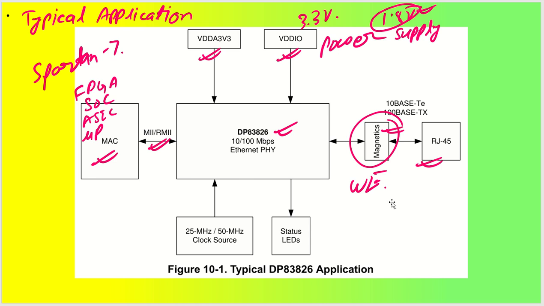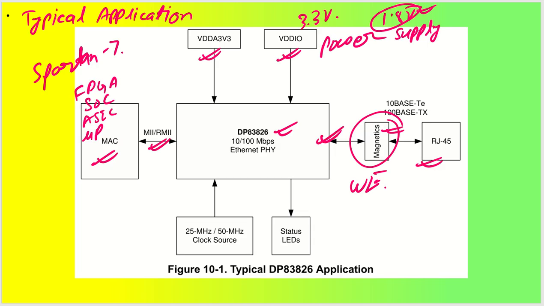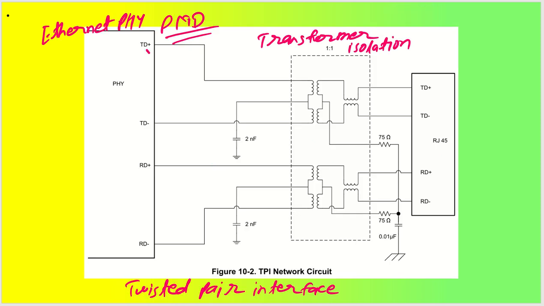Now let us talk about the magnetics that I was mentioning. As you can see, this PHY IC will be giving you TD plus, TD minus, and then RD plus and RD minus signals in differential form. These differential outputs will get connected to the RJ45 connector to broadcast the data to the network. So this TD plus TD minus differential pair will come through the 1:1 transformer for isolation purposes, and this is how it is connected.